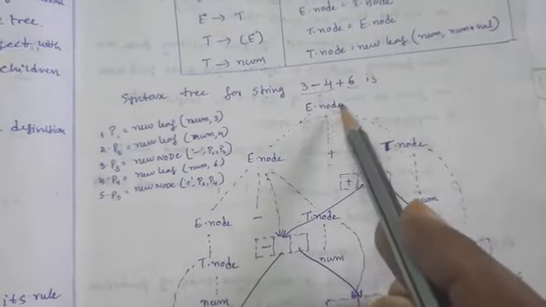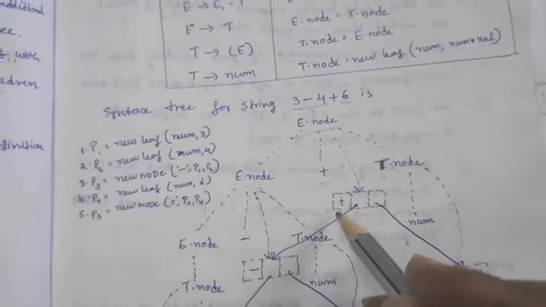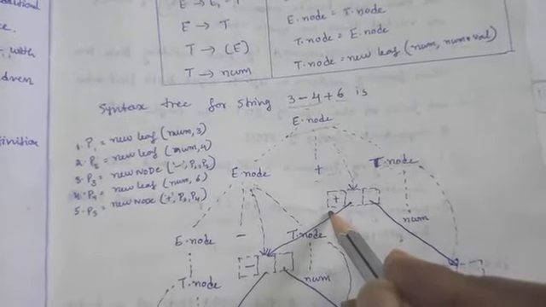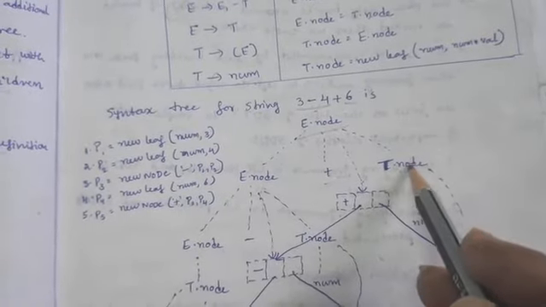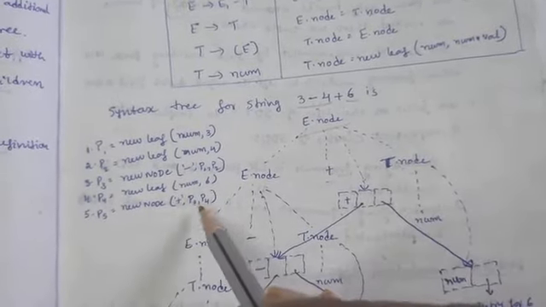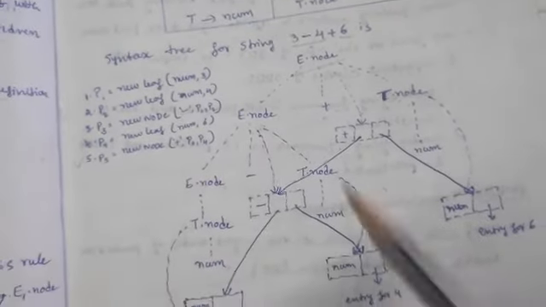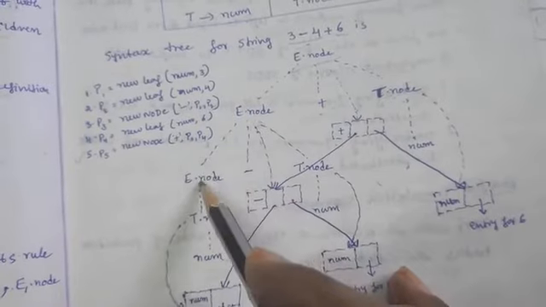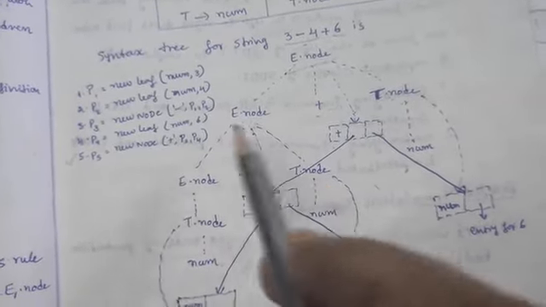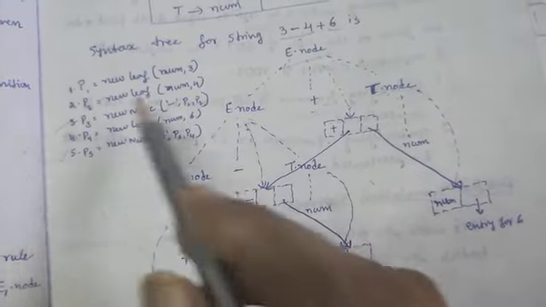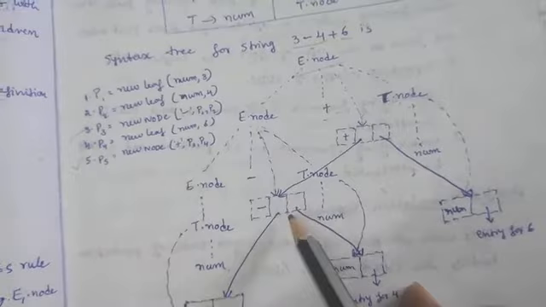For that reason the function here is nothing but an addition of production 1 and production 2. That should be indicated here, the addition of this one. Here also the subtraction of production 3 and production 4. For that reason here the subtraction of production 1 and production 2, that should be noted here.